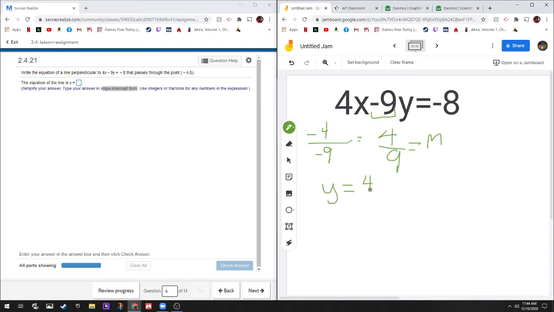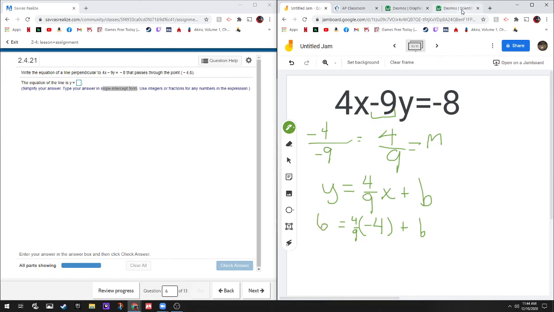I know it's going to be y equals 4/9 x plus b. And then it says my point is negative 4 comma 6. So remember, negative 4 is x. Oops, 4/9 times negative 4 plus b. And then 6 is y.